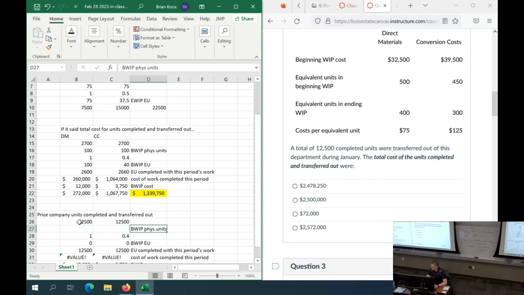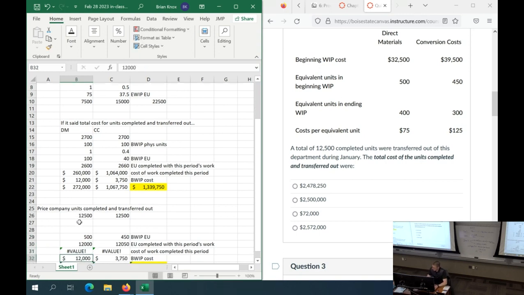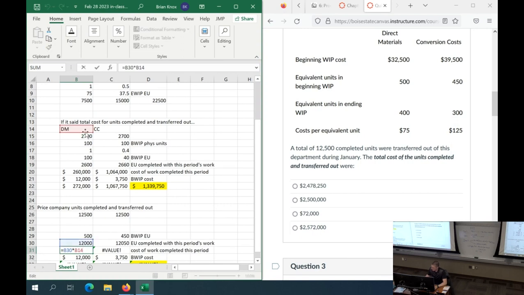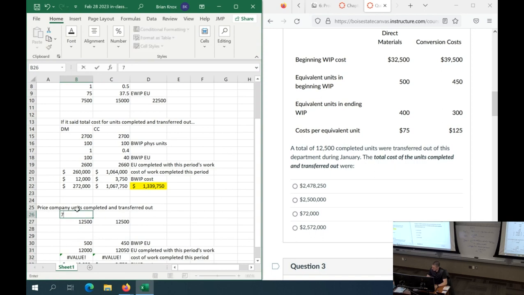I'm going to get rid of these two, and we have 500 beginning WIP equivalent units with respect to direct materials, and 450 beginning WIP equivalent units with respect to conversion costs, and we need to make sure this is being multiplied by the right rate. Oh, I didn't put the rate in. 75, 125.